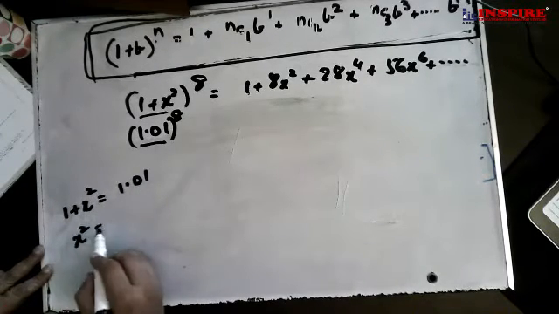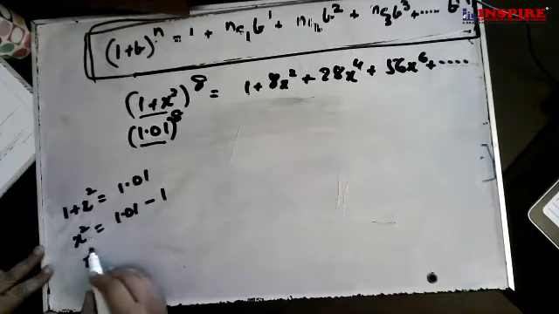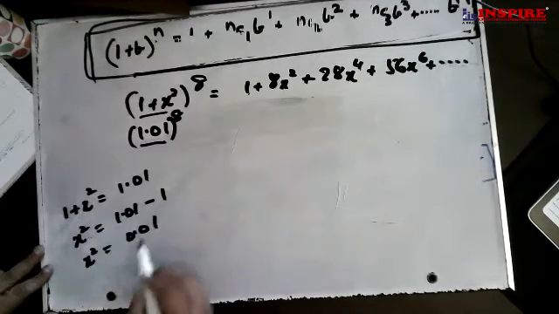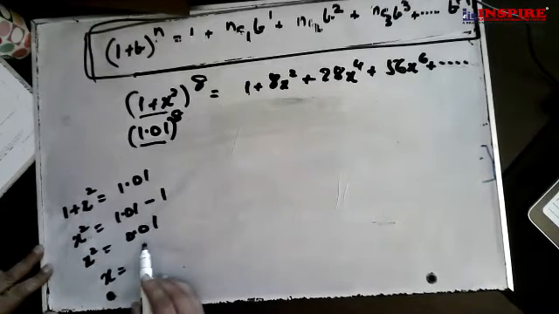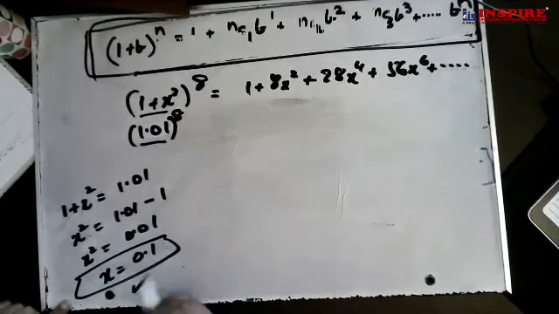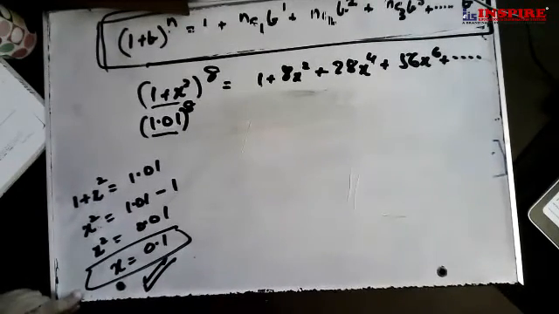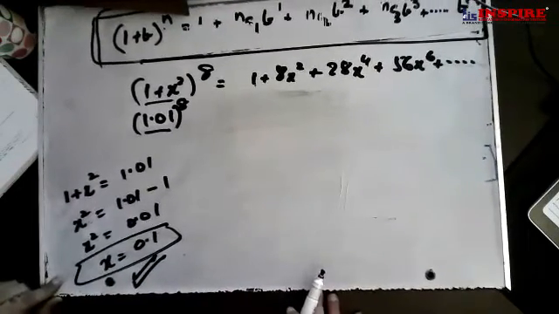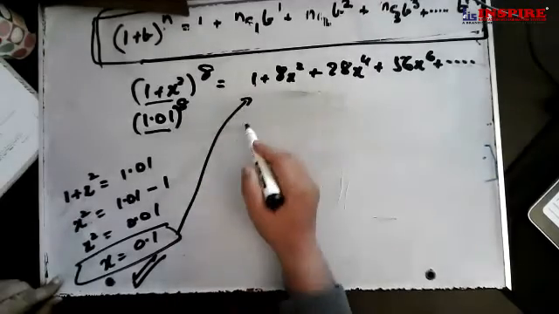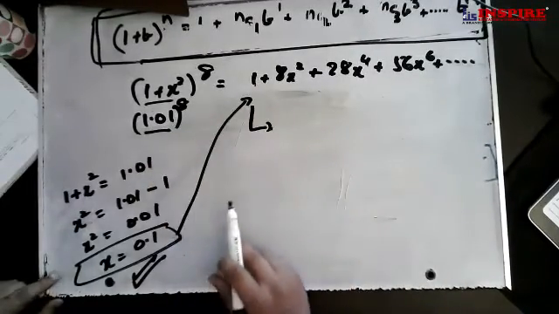So x² is equal to 1.01 minus 1. x² is equal to 0.01, and x is equal to root of 0.01, which is 0.1. So x takes the value of 0.1. You plug that in, using this expansion to find the value of it.